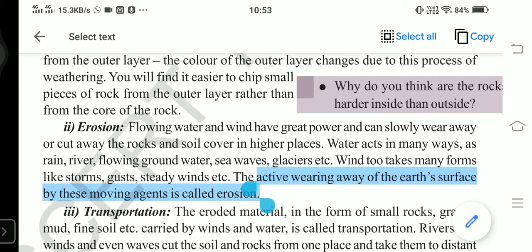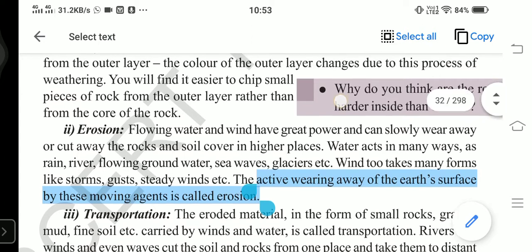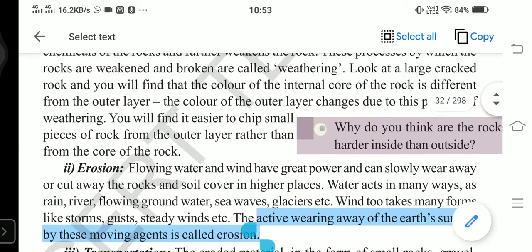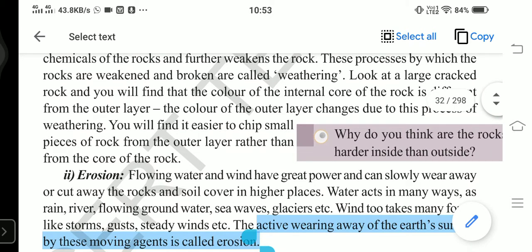What is weathering? The process in which rocks and the earth's surface become weak and get cracks.